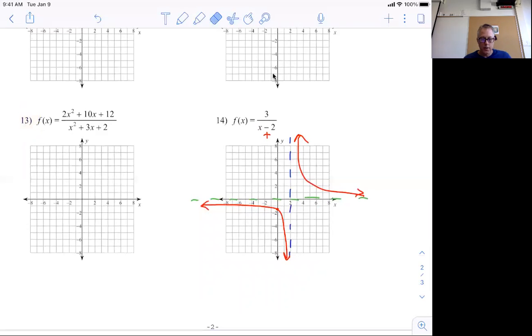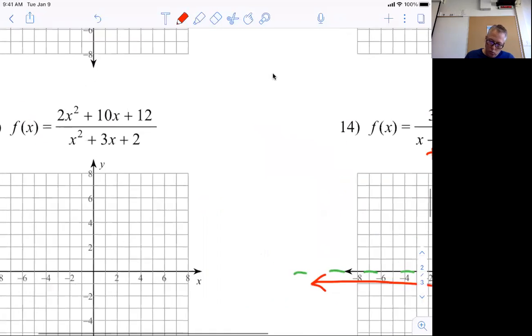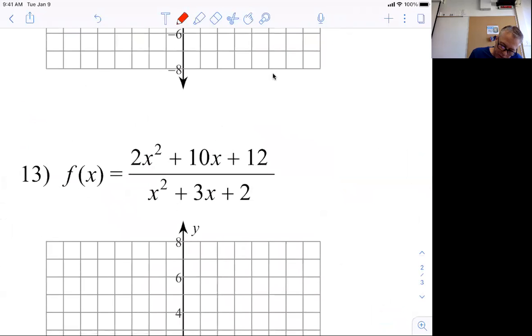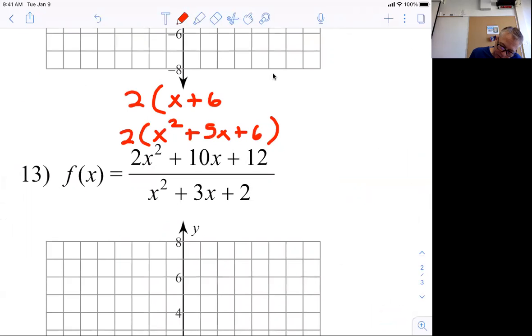Now 13, that's uglier, but I'm going to try and factor it to see if I can make it look a little nicer. So when I factor the top, I'll factor a 2 out of there. I get 2 times x squared plus 5x plus 6, which factors into 2 times x plus 3 times x plus 2.